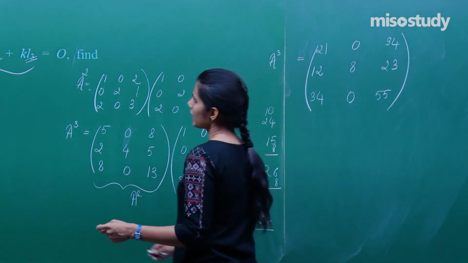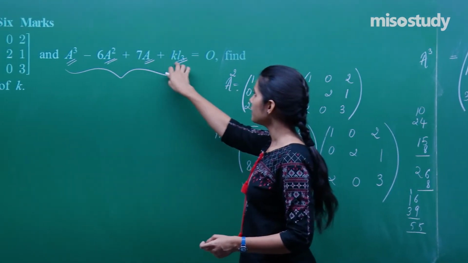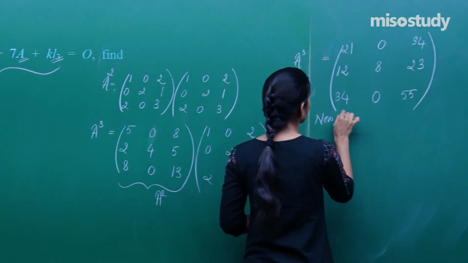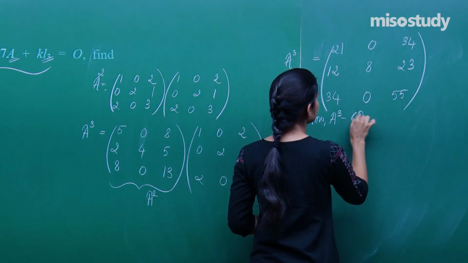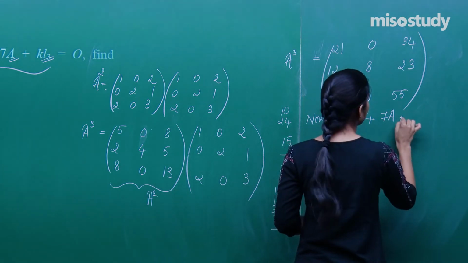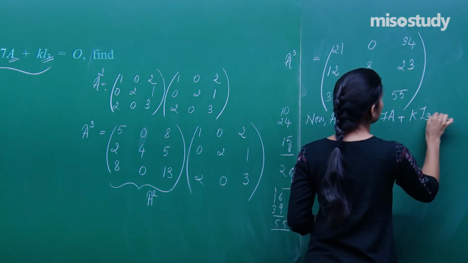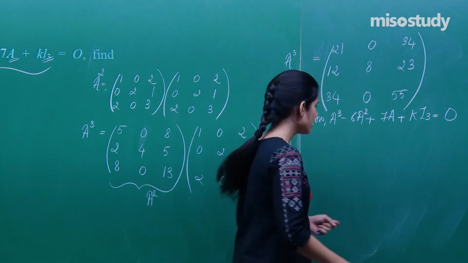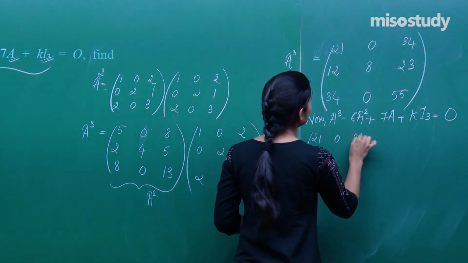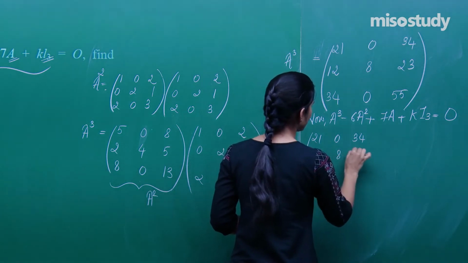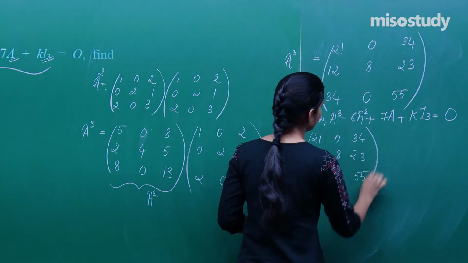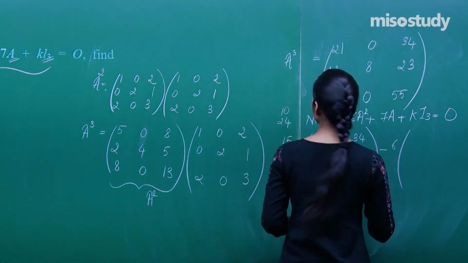Now, A cube minus 6A square plus 7A plus k times I cube. Let's write A cube minus 6A square plus 7A plus k times I3 is null matrix. A cube you already have as 21, 0, 34, 12, 8, 23, 34, 0, 55, minus 6 times A square.